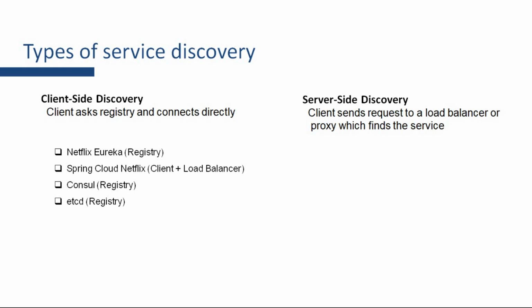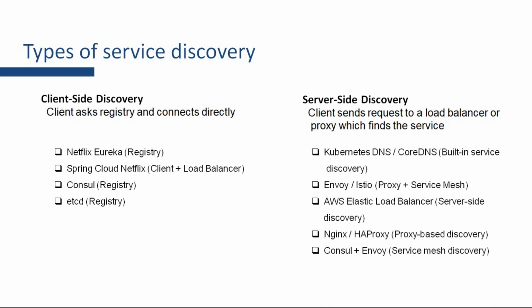So depending on your stack and requirements, you can choose the one that fits your needs best. On the other hand, we have popular tools used in server-side service discovery. Kubernetes comes with built-in service discovery using DNS, often handled by CoreDNS. This lets services find each other automatically within the cluster. Then we have Envoy and Istio. These work together as a service mesh handling traffic routing, security, and observability through sidecar proxies. In cloud environments like AWS, we use Elastic Load Balancer or ELB.